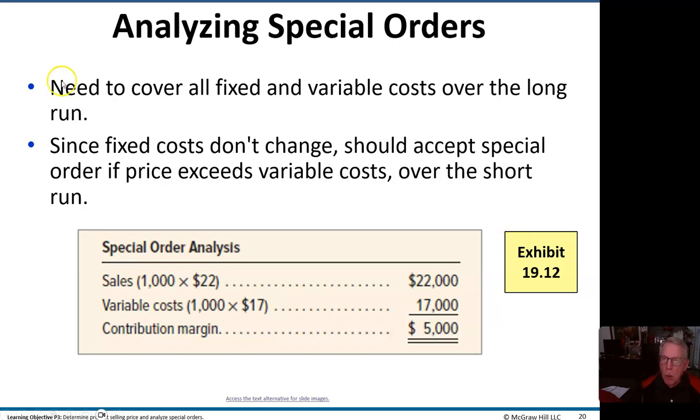Now, special orders: we need to cover all the fixed and variable costs over the long run. But since fixed costs don't change, we should accept special orders if the price exceeds the variable costs over the short run. And of course, we don't think there's going to be any publicity of the fact we're giving a special deal away. So here's our sales at $22 per unit.